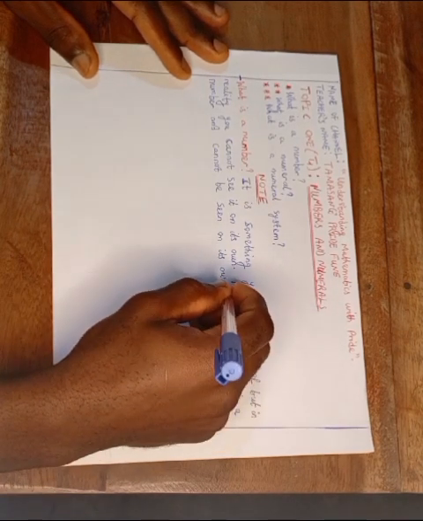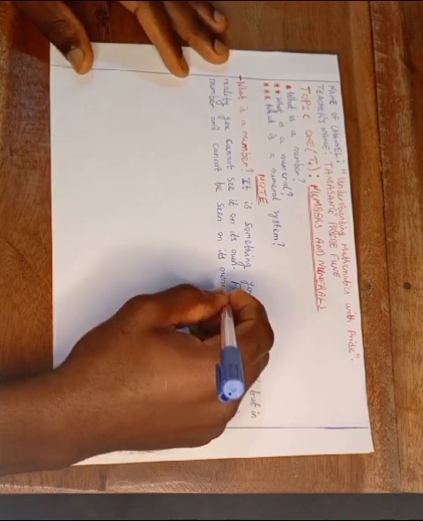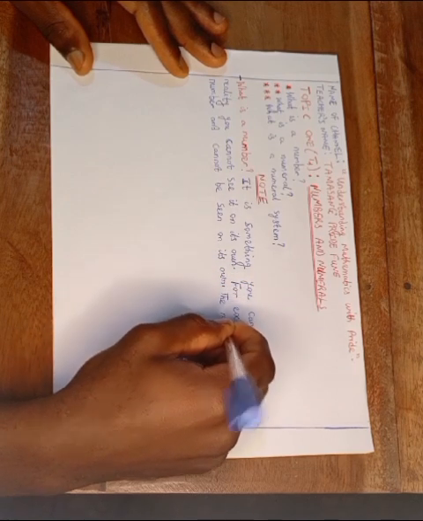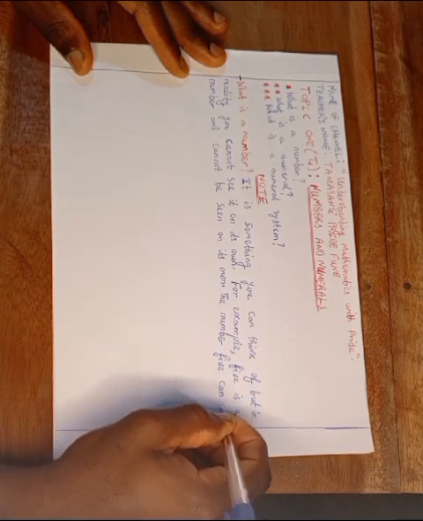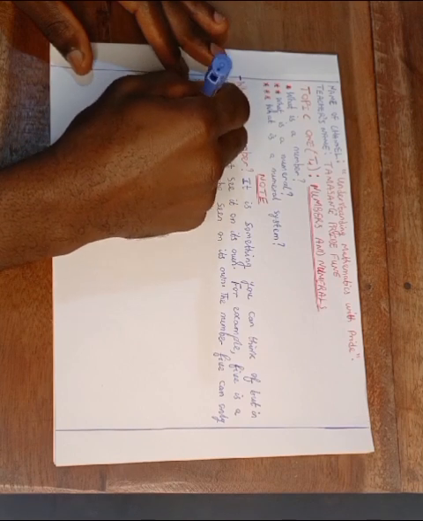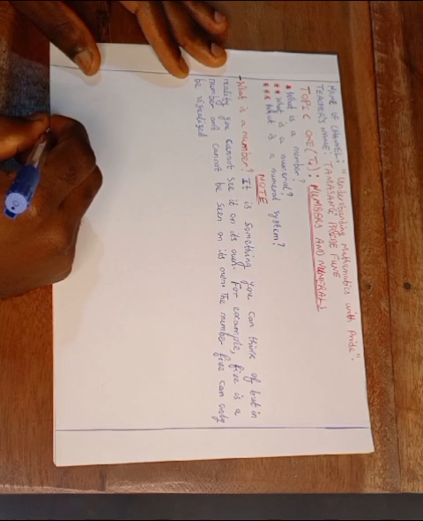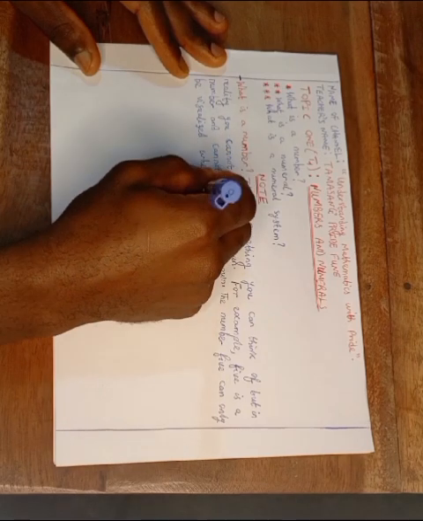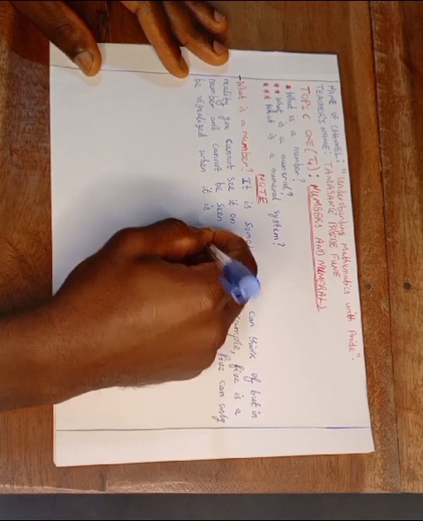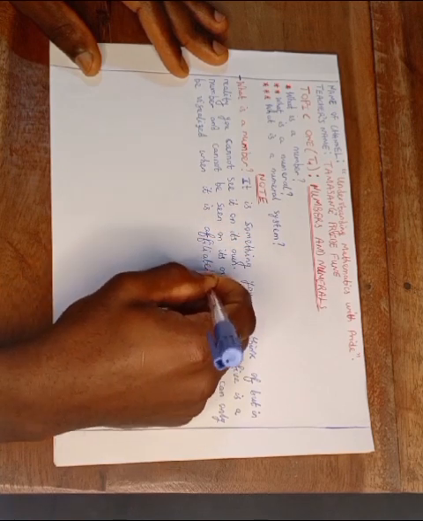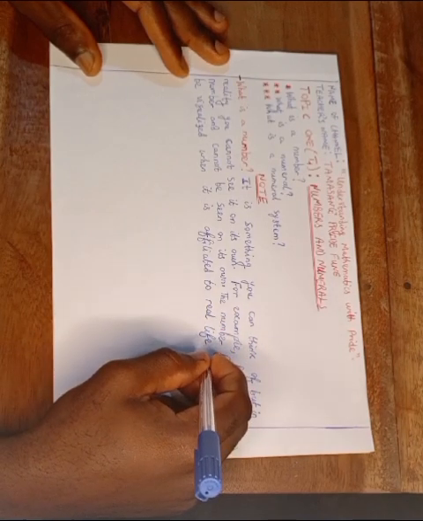So let's write this down. The number 5 can only be visualized, that means seen, when it is affiliated to real life objects.